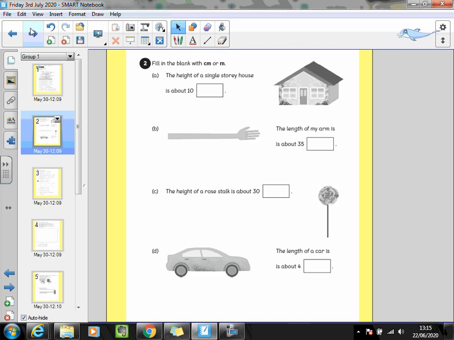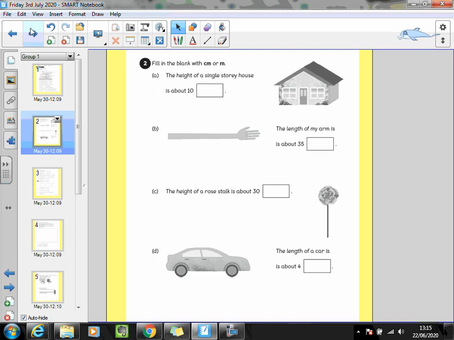Question 2. Can you fill in the blank with either cm to represent centimetres or m to represent metres? And this is using your knowledge of which appropriate measurement might be used to measure these 4 objects. So 2a, the height of a single-storey house is about 10 what?